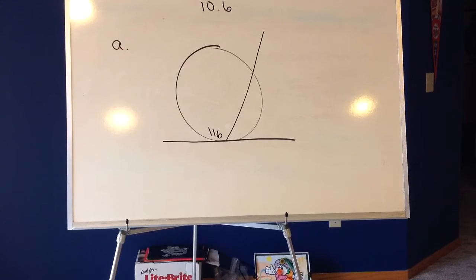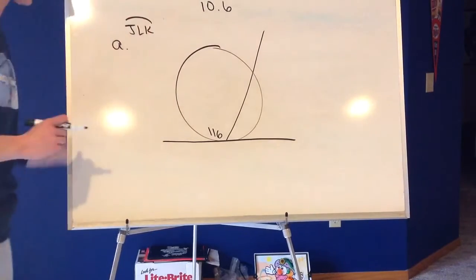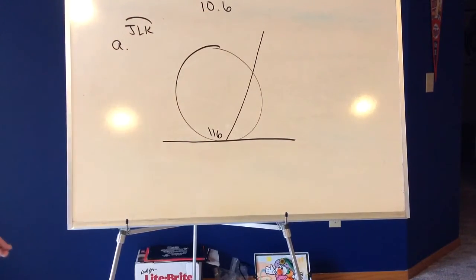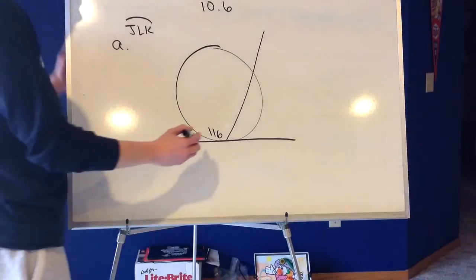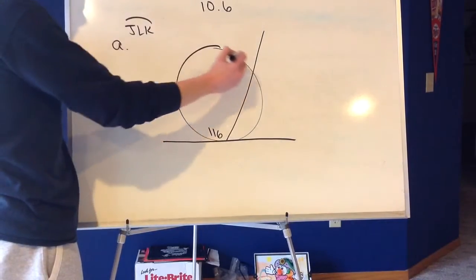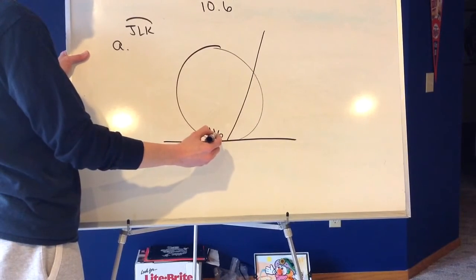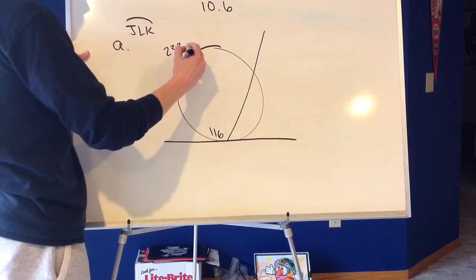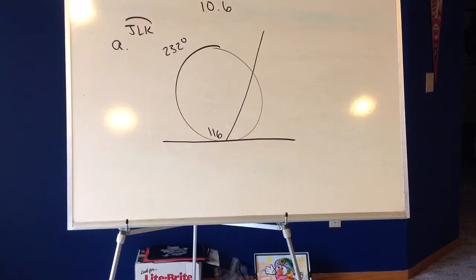It should be JLK, so make sure you do fix that. I'm not sure if it's fixed on yours or not. It is incorrect on my copy of the notes. Okay, so if I'm trying to find that, that would be this arc right here, okay, that you are looking for. So if its angle is 116, that arc has to be twice as big. Okay, so our arc should be 232 for that one. Again, just working with that half or that times 2.